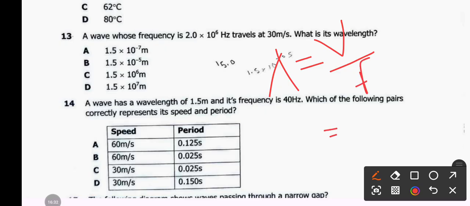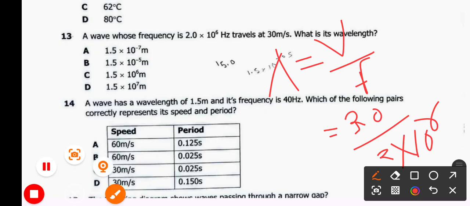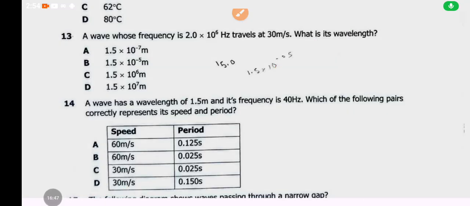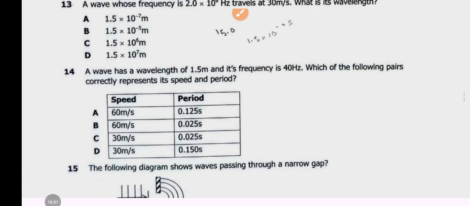The speed is 30, and the frequency is 2 times 10 to the power of 6. Doing some basic math here, you find that the answer is supposed to be B.